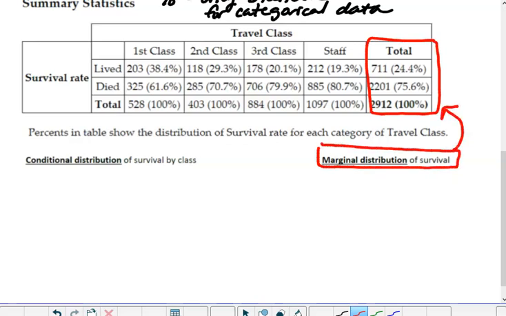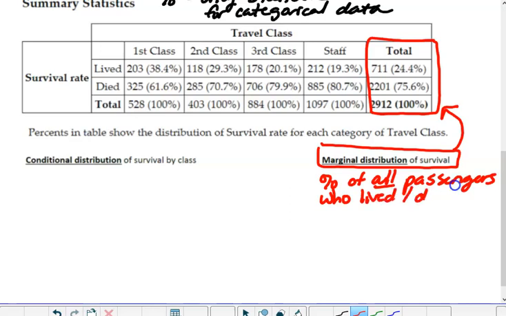The marginal distribution just tells the survival rate overall of all the people, regardless of class. So this is the percentage of all passengers who lived or died.